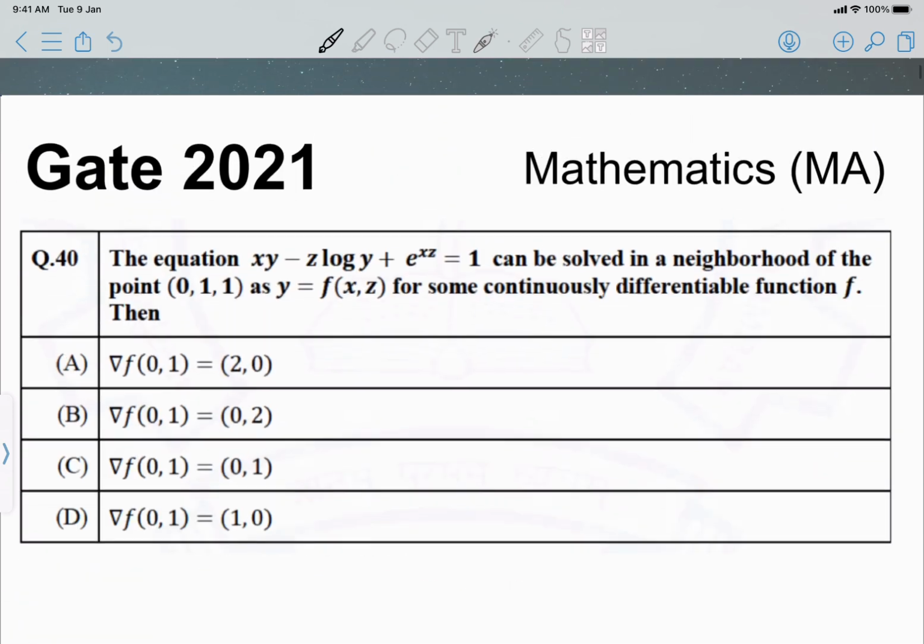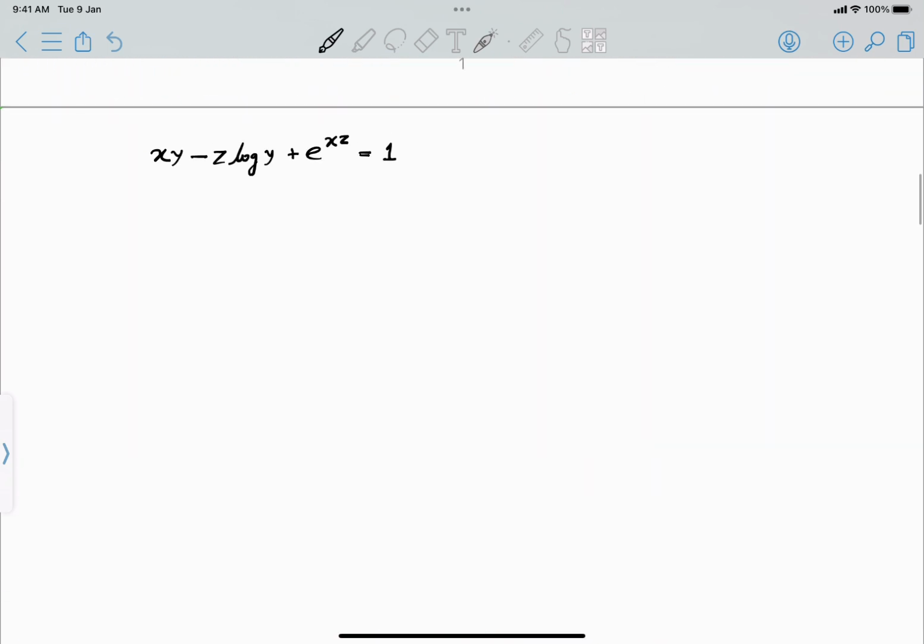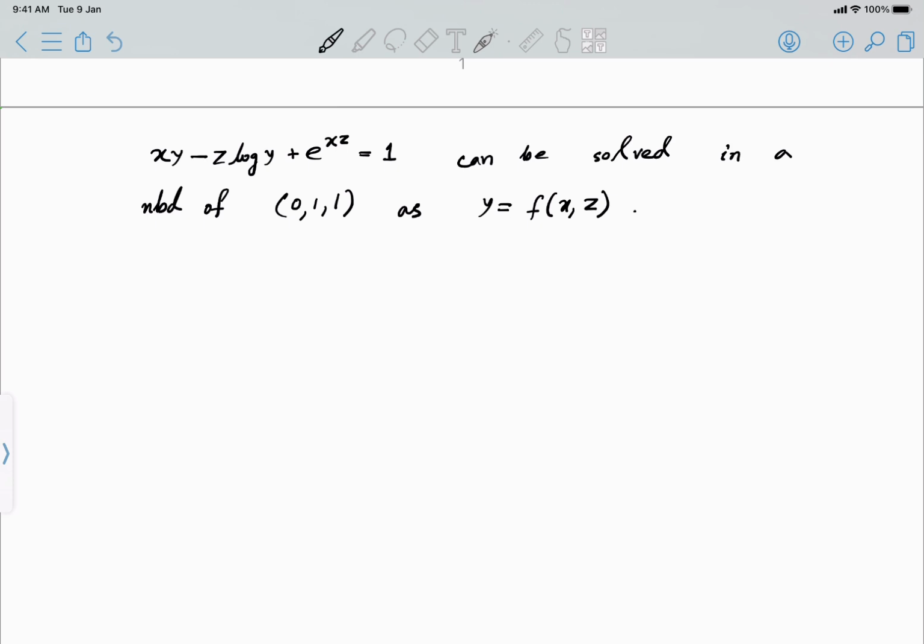This can be solved in a neighborhood of (0, 1, 1) as y equals f of (x, z). So the implicit function theorem gives when you can solve one variable in terms of others.